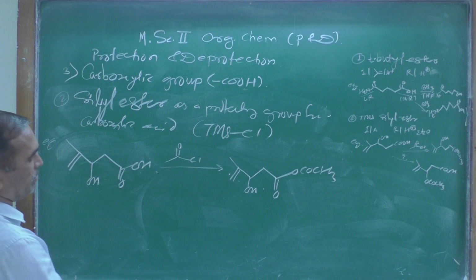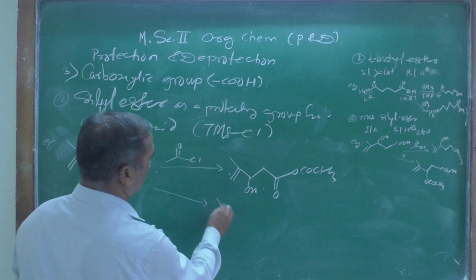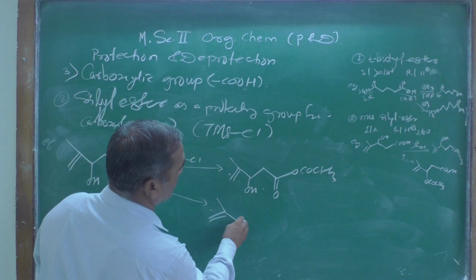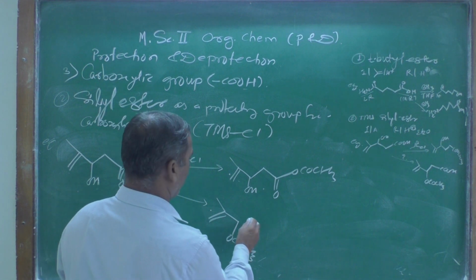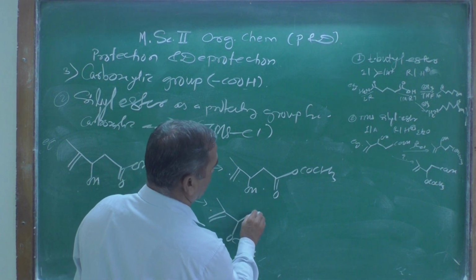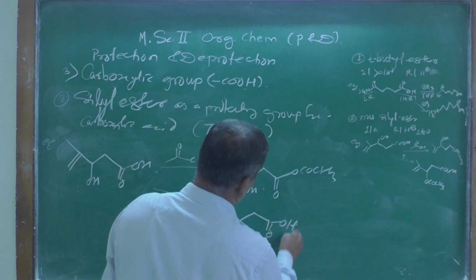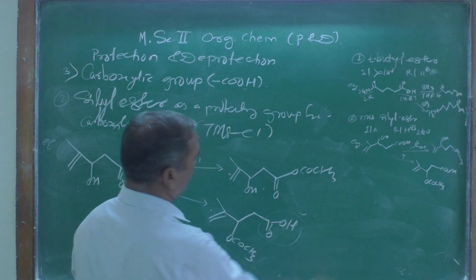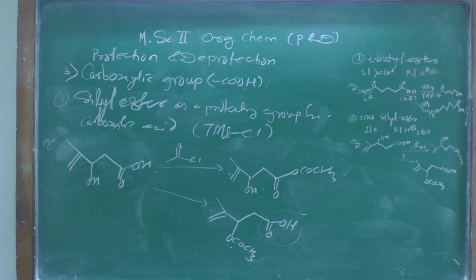Suppose you want to prepare this type of compound instead: O, COCH3, then C double bond O, OH. We want the acid group to be intact, and we want to protect only this group. How could you prepare this?